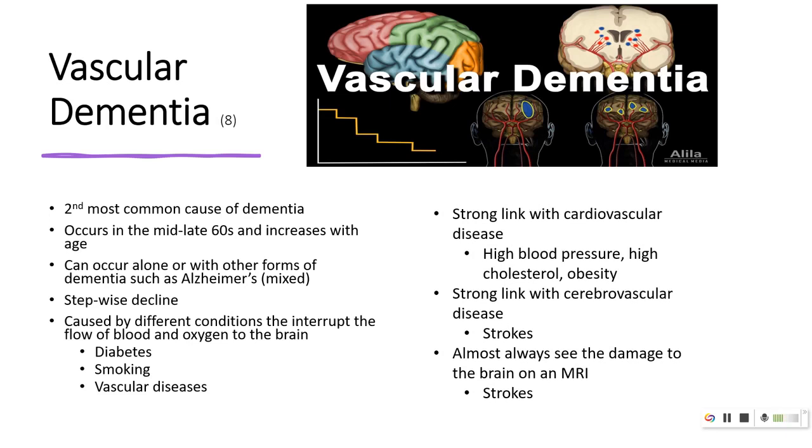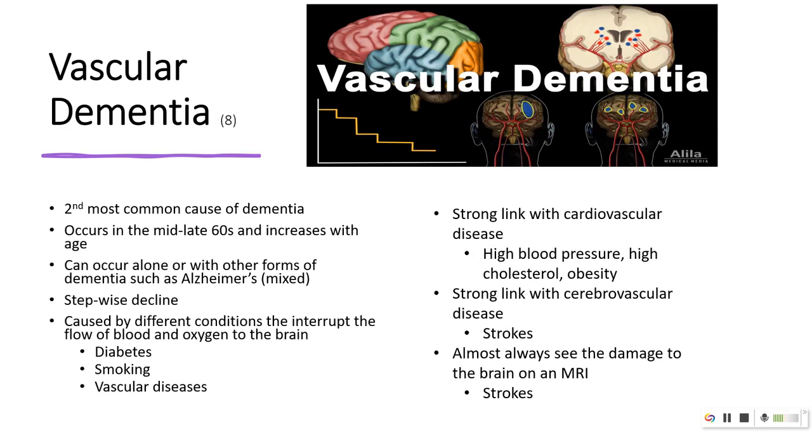That's why it's called vascular dementia, because there is some type of a disorder that is causing the blood flow to be interrupted, such as a stroke, a blood clot, diabetes, having too much sugar in those blood vessels where it makes that blood vessel get smaller and smaller, so you have less blood going up to the brain. Smoking can cause the same damage to the blood vessels, making it so that you cannot get the blood flow to the brain. No blood flow to the brain, you have brain death.